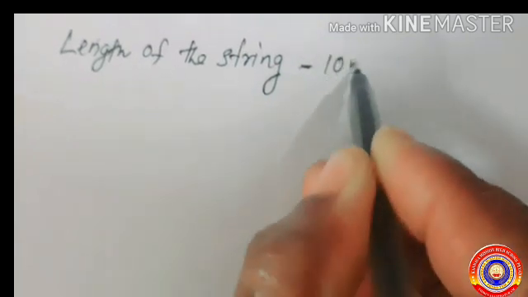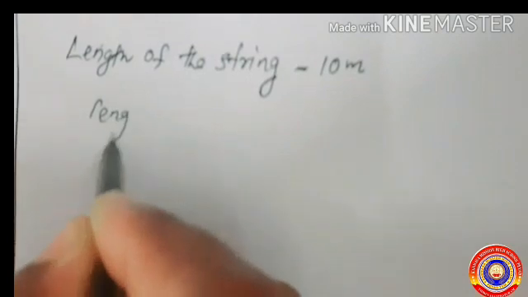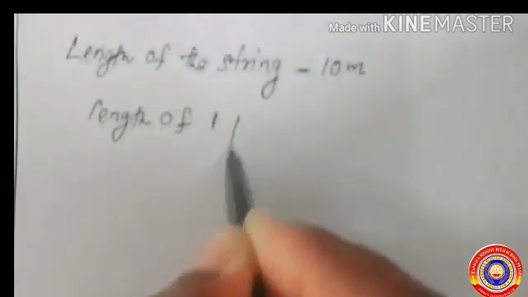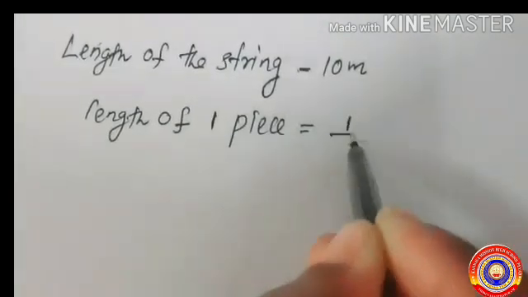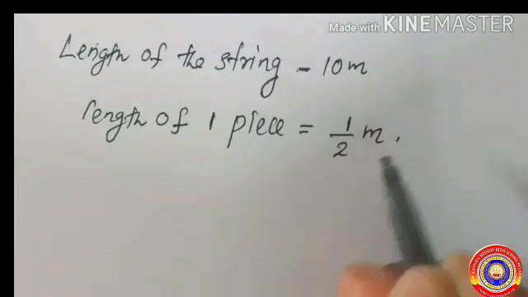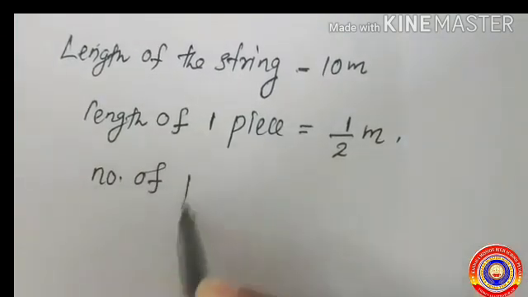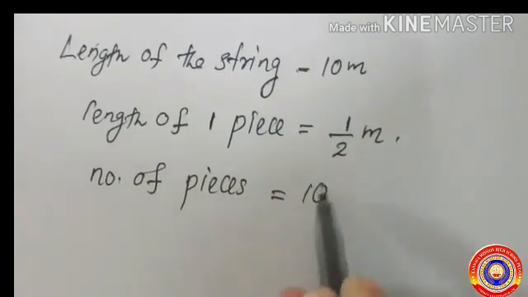Given the length of the string equal to 10 meters. Then length of one piece equal to half meter. We have to find the number of pieces. So number of pieces equal to 10 divided by half.